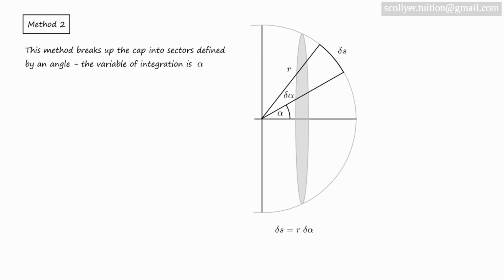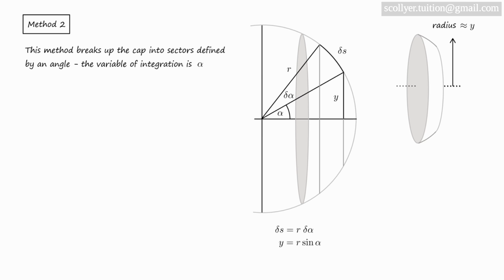The sector is located at some arbitrary angle alpha from the x-axis. Now this sector defines a strip of area delta A where this dimension is y and where y equals r sine alpha. Now in 3D the thin strip looks like this, with a radius approximately equal to y and whose surface area is delta A.